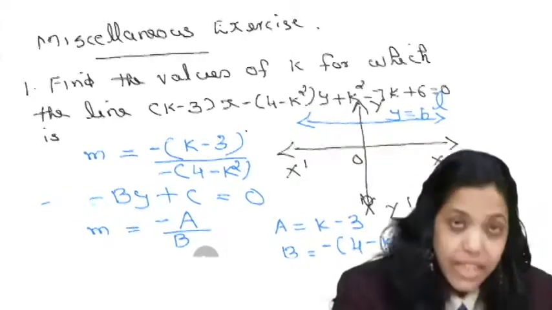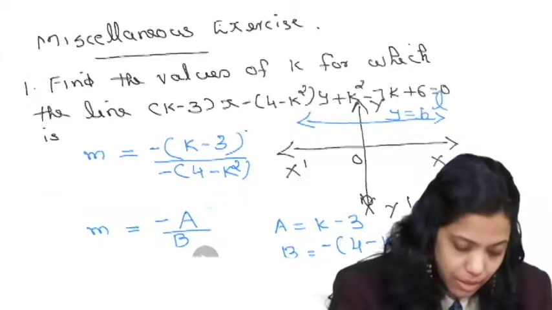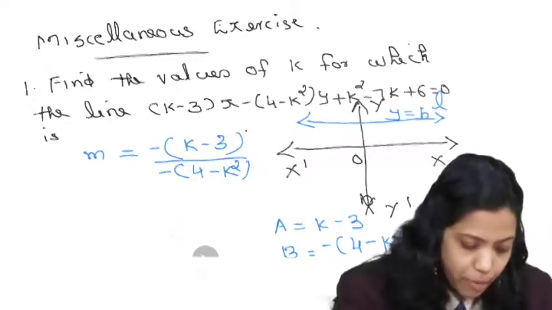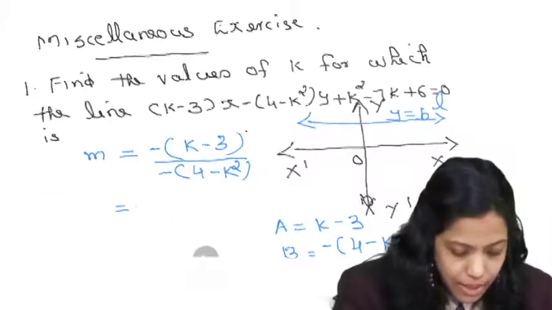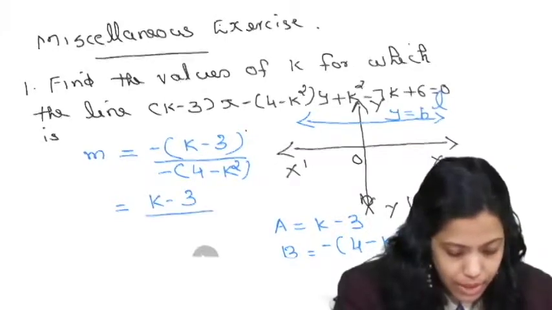So the negative will get cancelled. We are getting the final answer, the slope of the line as (k minus 3) upon (4 minus k square).